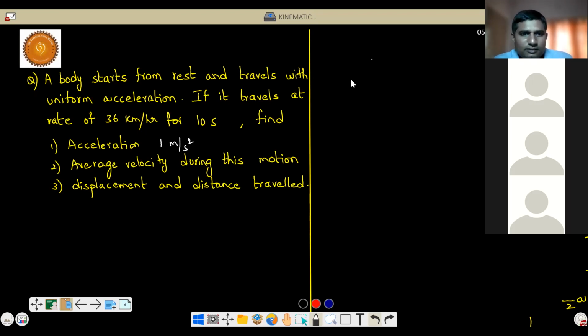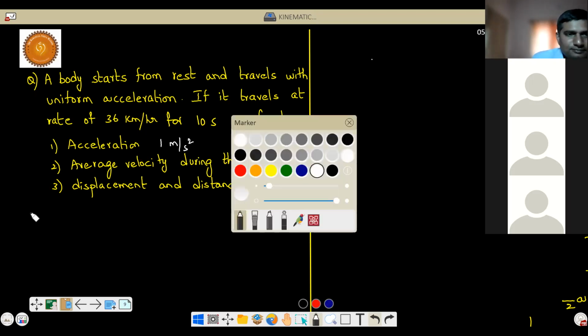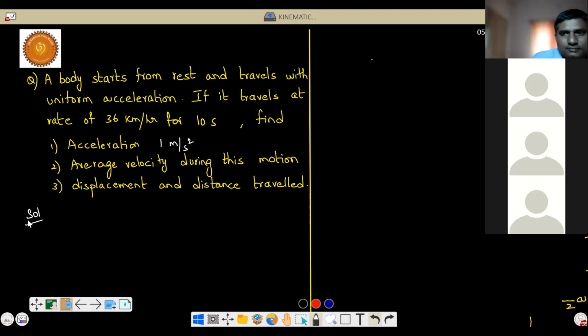Okay, what is the answer, Shraddha? Average velocity and distance and displacement. A body starts from rest, means initial velocity is what? 0, and travels with a uniform acceleration. And if it travels at a rate of 36 kilometers per hour for 10 seconds, that means at this point, 36 kilometers per hour at time t equal to 10 seconds.